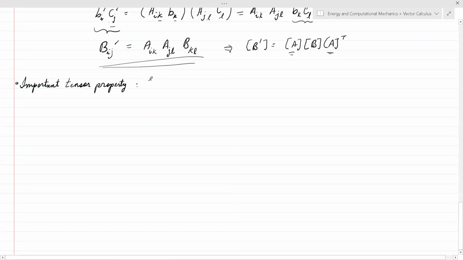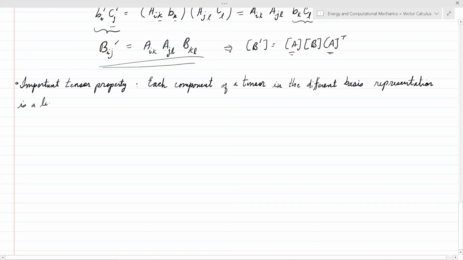Each component of a tensor in the different bases representation is a linear combination of the components in the old bases.